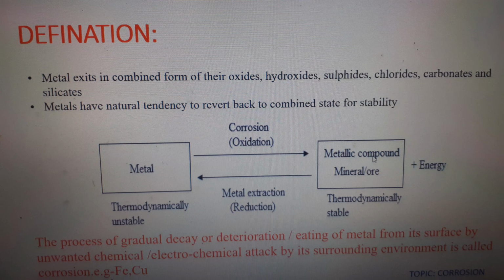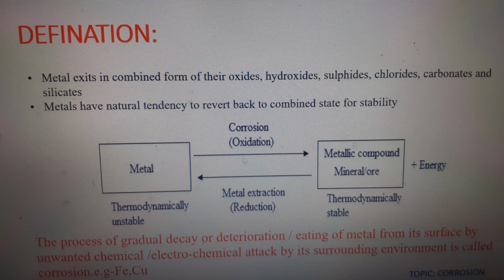of the metal; when you apply certain energy, it goes to the excited state. As we already know, whenever it goes to the excited state, it will try to come back to the ground state.